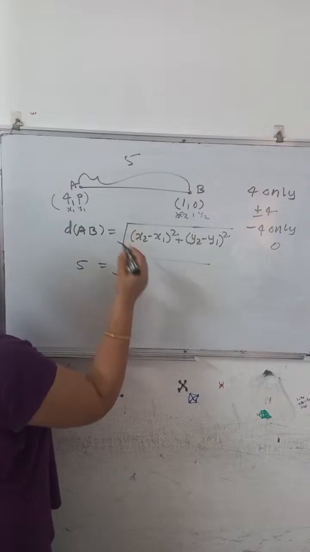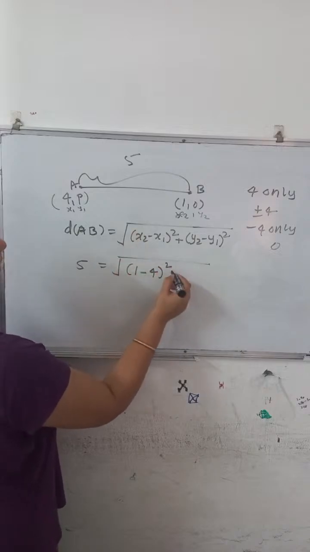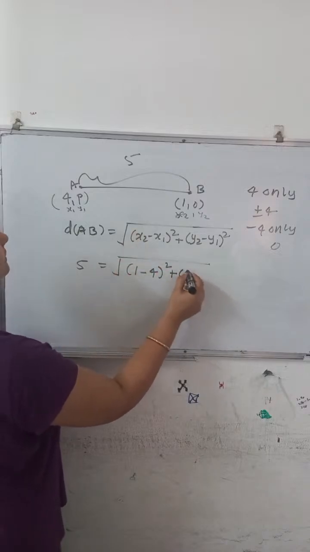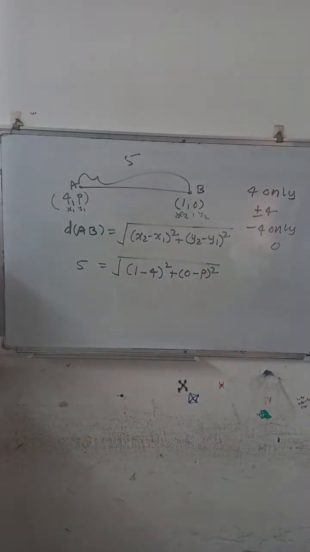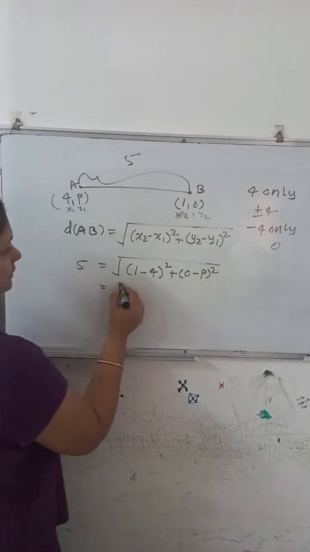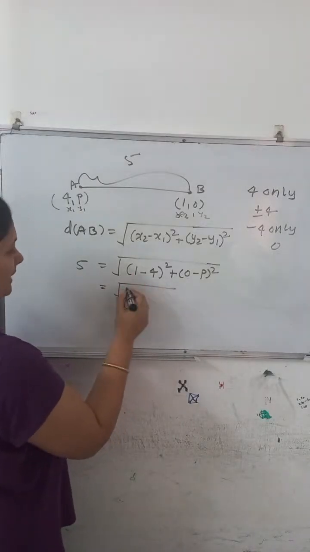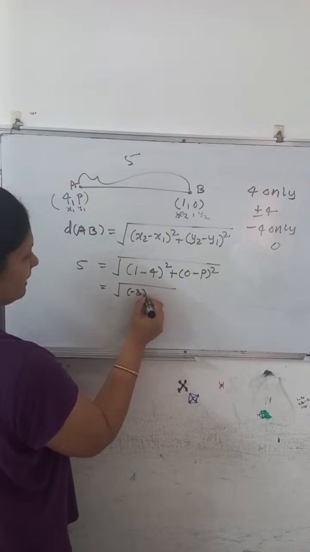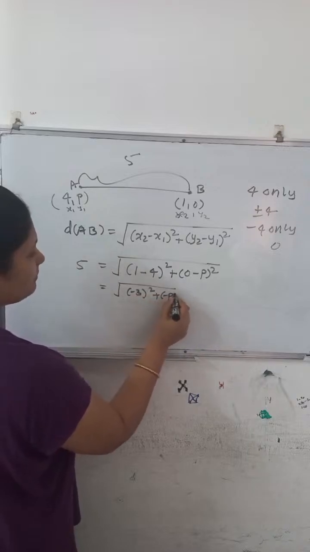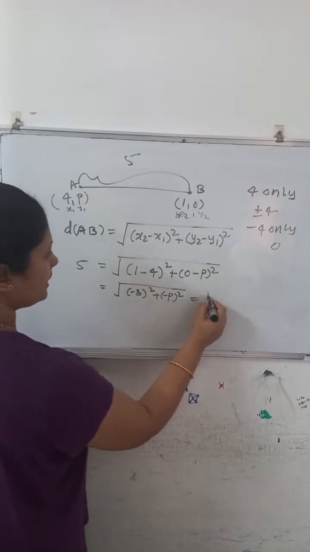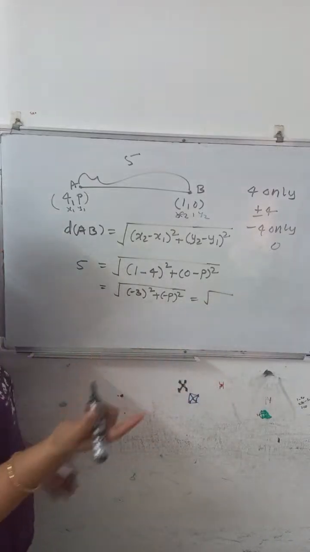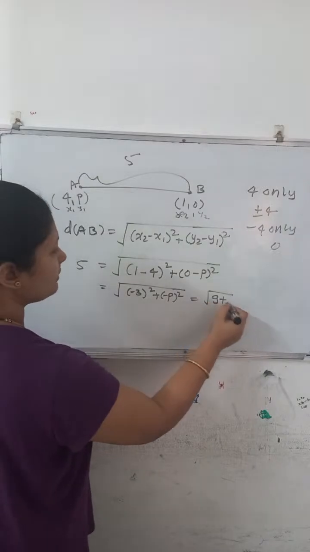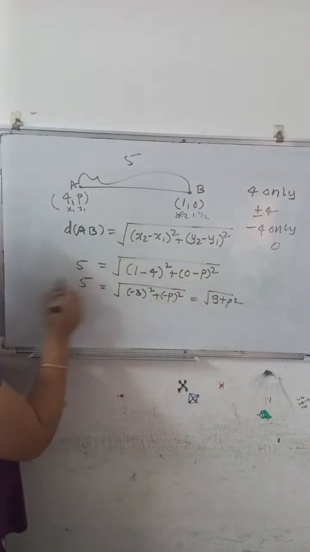So here x2 is 1 minus 4 square plus y2 is 0 minus p whole square. Getting this? Now in the square root, 1 minus 4 is nothing but minus 3 square, minus p square. So 3 square is nothing but 9, and minus minus becomes plus, so plus p square, and here 5.